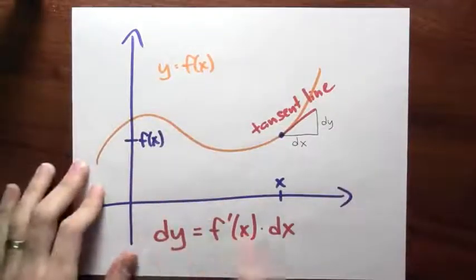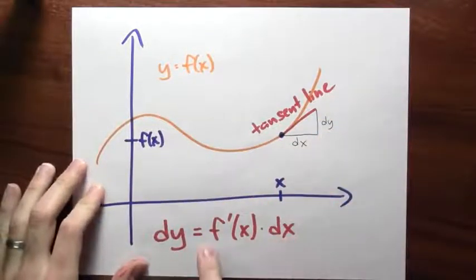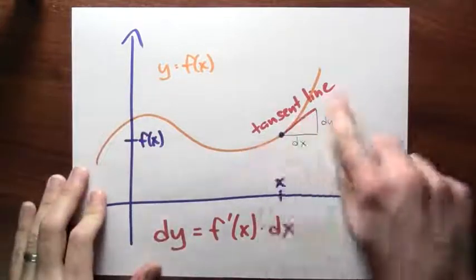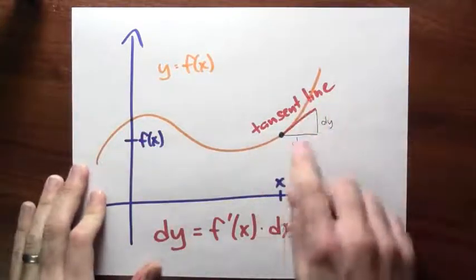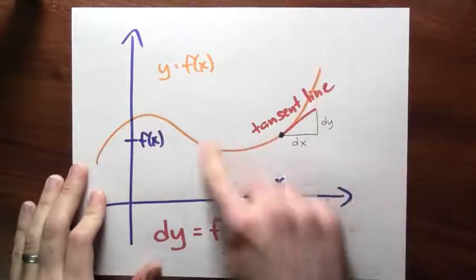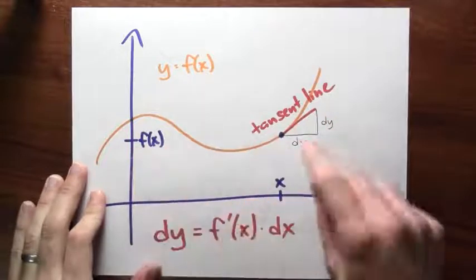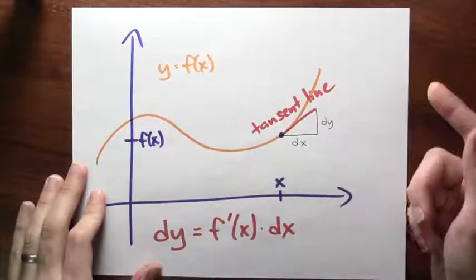Geometrically, these differentials, dy and dx, represent some change in the linear approximation that I get using the tangent line. So here I've got some function that I've graphed, y equals f of x, and here's a point x, f of x, and I've drawn the tangent line to the curve there.